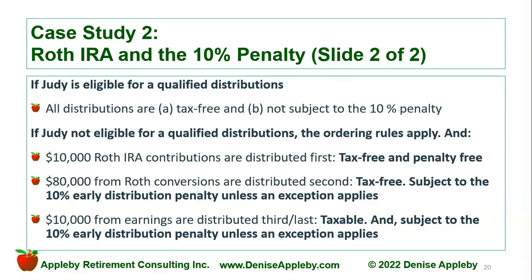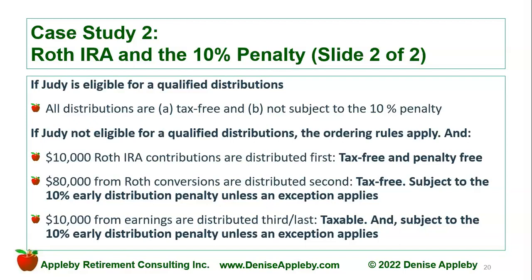Now, if Judy is not eligible for a qualified distribution, then distributions come from the $10,000 first, tax-free, penalty-free, then from the $80,000. Now, this is the exception I alluded to when I talked about there being a sort of funny rule with Roth IRAs, because when Judy takes a distribution, if it comes from the $80,000, that amount is not taxable.